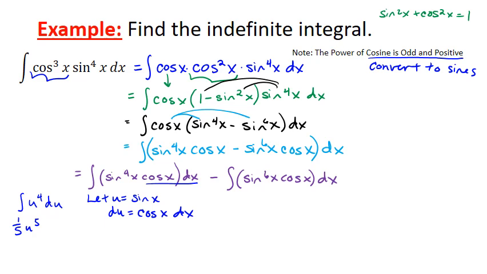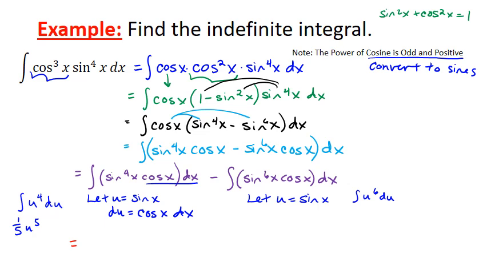So over here, instead, you're going to let u equal sine of x once again. And then you'll have u to the 6th power over here that you need to integrate. So I'm going to wave my hands a little bit in order to make this video a bit shorter.